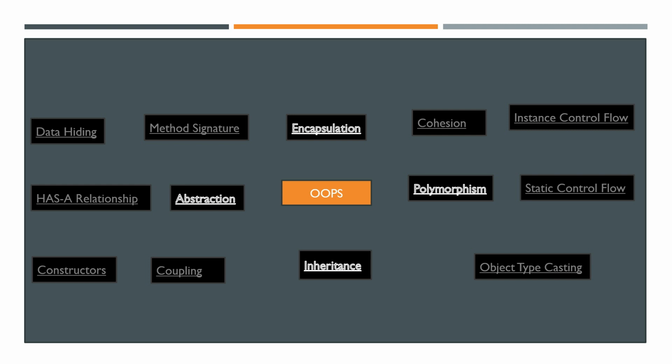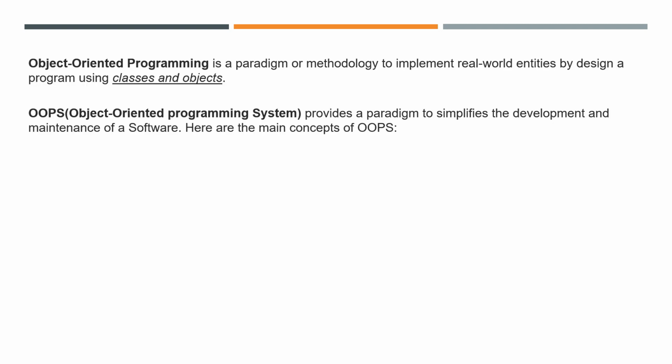Now before starting this video, let's have some definitions. I'm not going to talk about much definition and theory, we will talk about practical examples. But just before jumping into that, let's first read and understand what OOPS is. OOPS is object-oriented programming, a paradigm or methodology to implement real-world entities by designing a program using classes and objects.